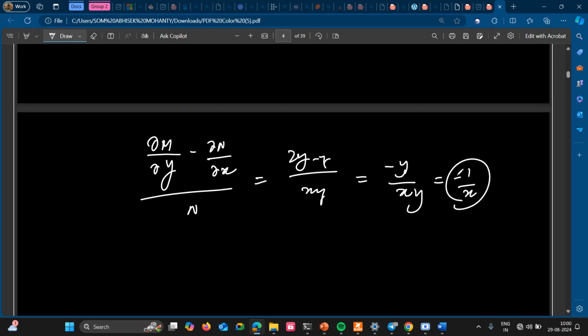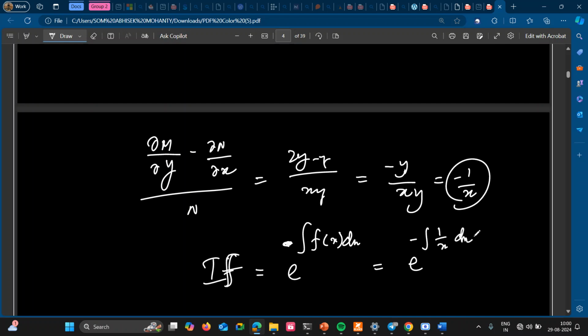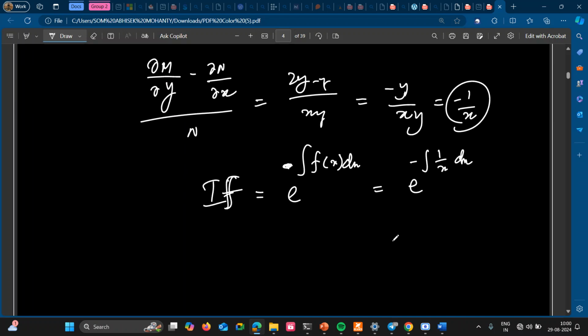So the integrating factor will be e to the power integral of f(x) dx, that is e to the power minus 1 by x dx. That is e to the power minus ln x, which is 1 by x. So the integrating factor should be 1 by x.